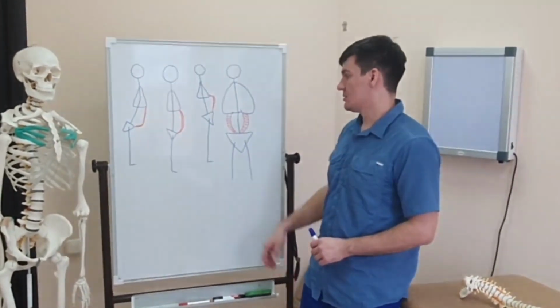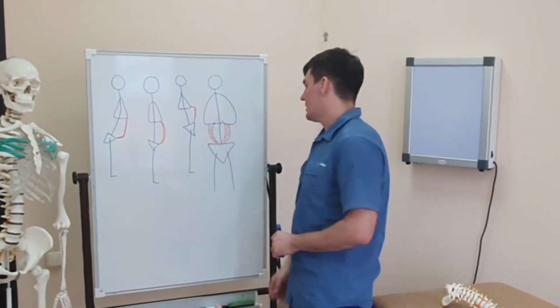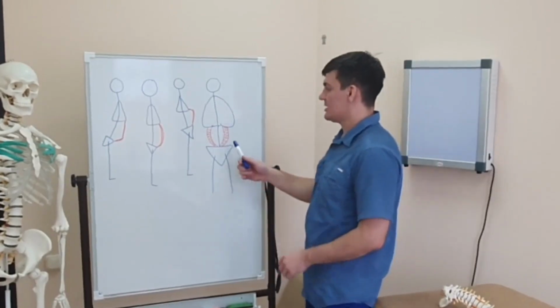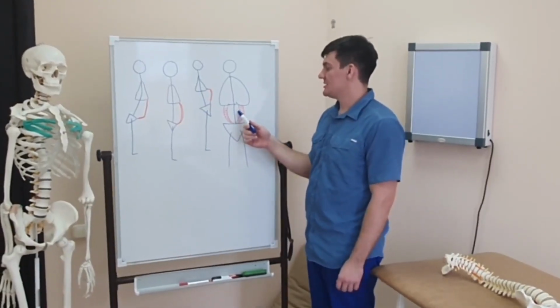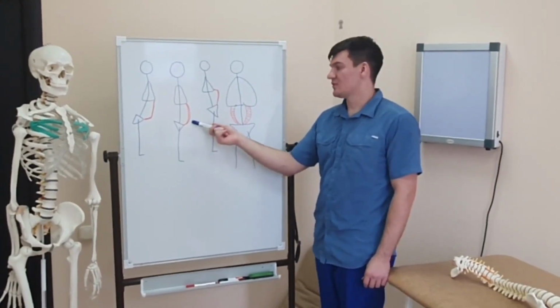There are several ways the abdominal muscles can weaken, but in each case, the abdominal muscles also tend to change their position. They protrude a little forward.